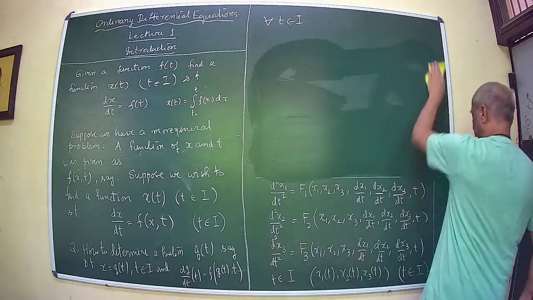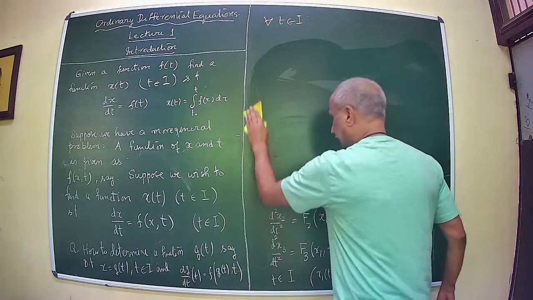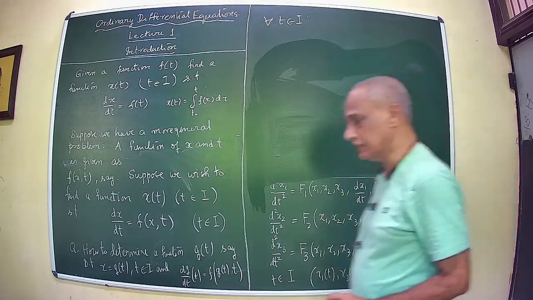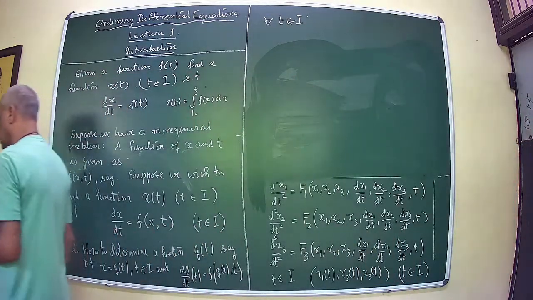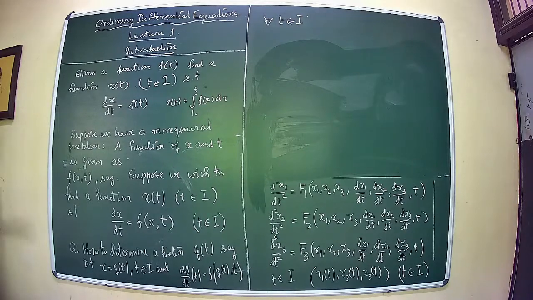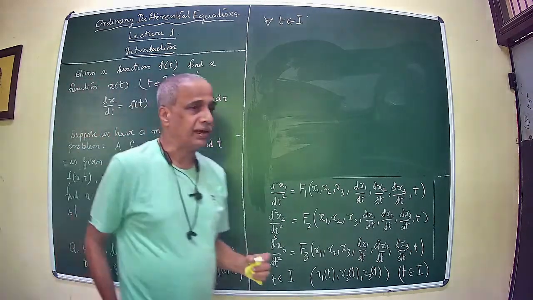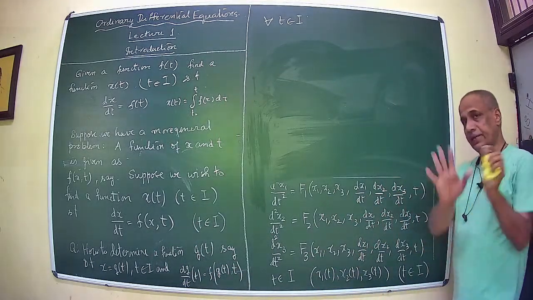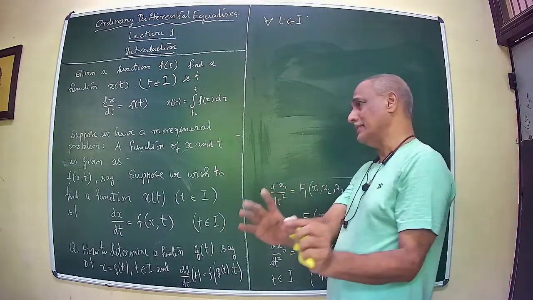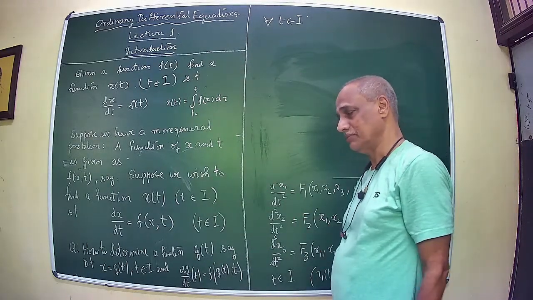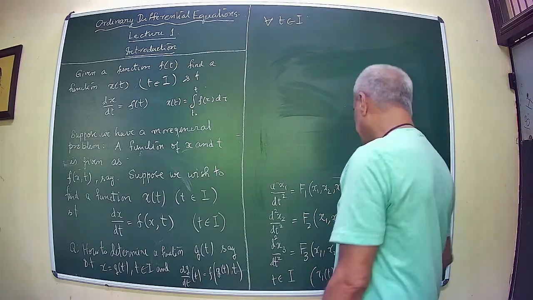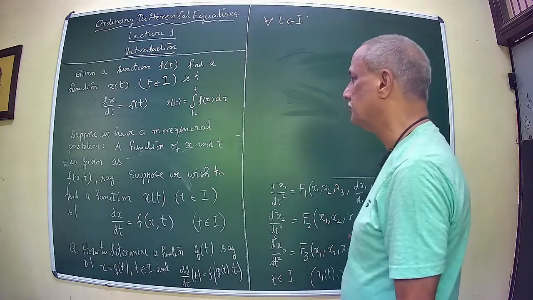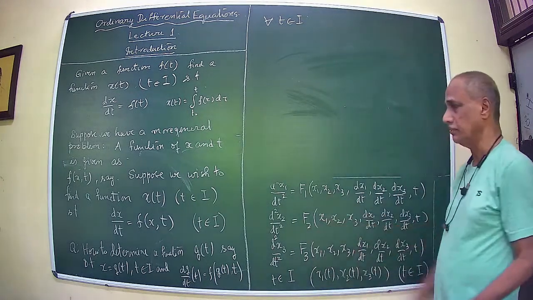But nevertheless, now you see that a lot of information has been obtained on the behavior of the solution. Therefore, if you cannot solve this and write down the solution explicitly, then the next option that the mathematician provides the physicists with is to tell them, if your force field is of a certain type, then that property is reflected on the solution, or how the behavior of f determines the behavior of x, the solution.